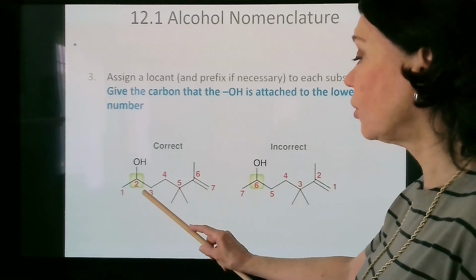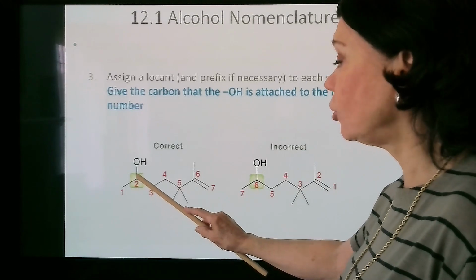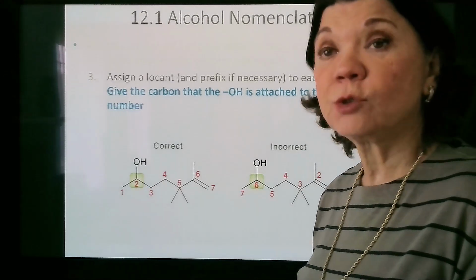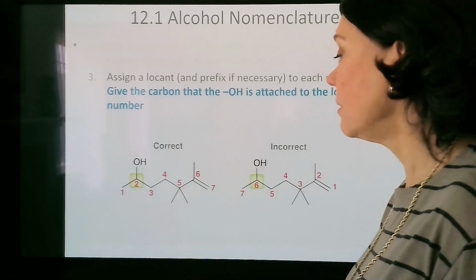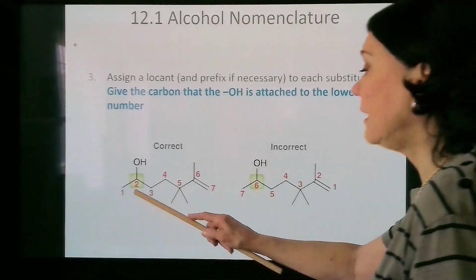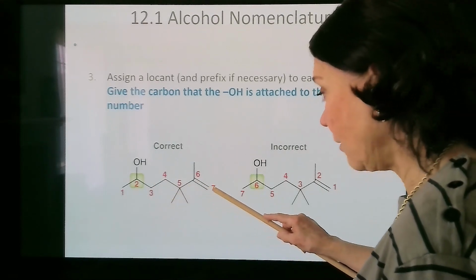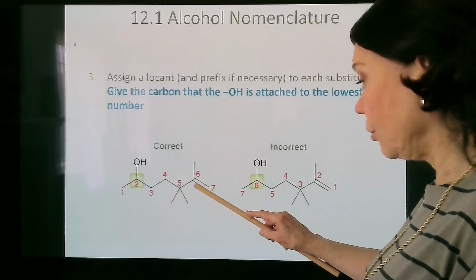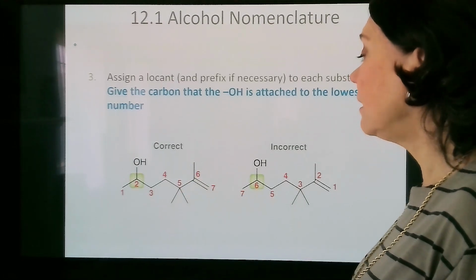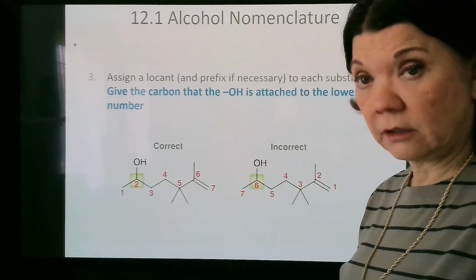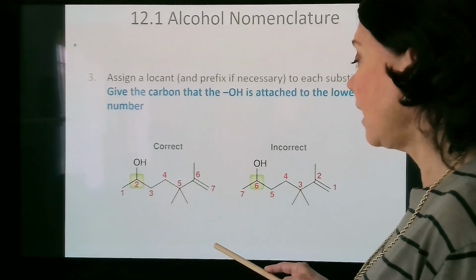The one on the left is correct because in this numbering, the alcohol functionality, which is the highest priority functional group, is given the lower number. And then the other groups, functional groups or substituents, have numbers accordingly with this system on the left.